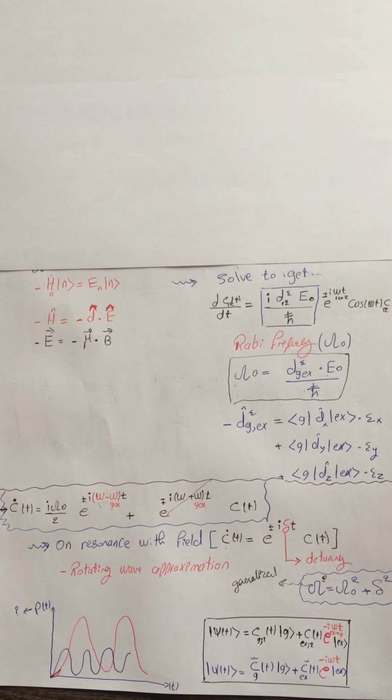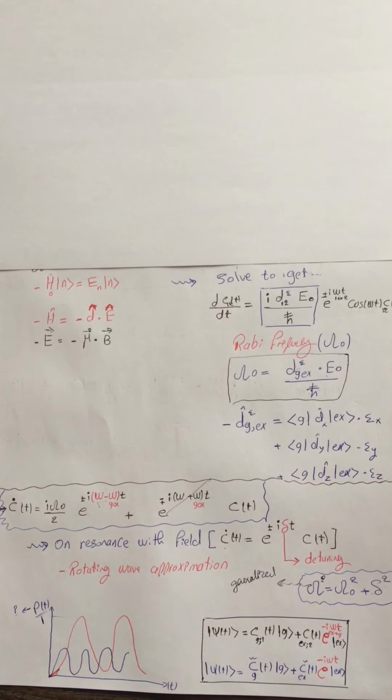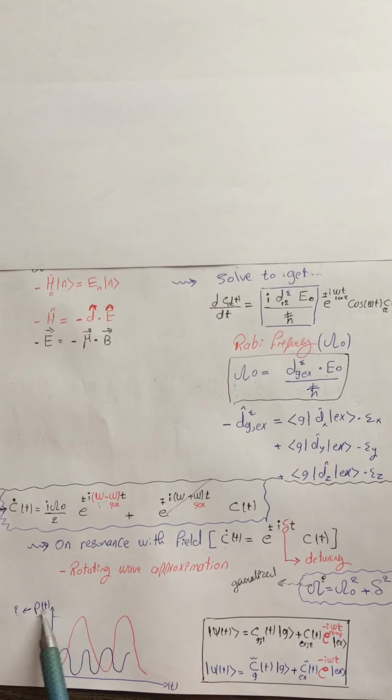It works like this. If the frequency of the light matches the resonance frequency of the atom, then the probability to get to the excited state is 1. And this probability you can extract by just squaring the modulus of the coefficients.